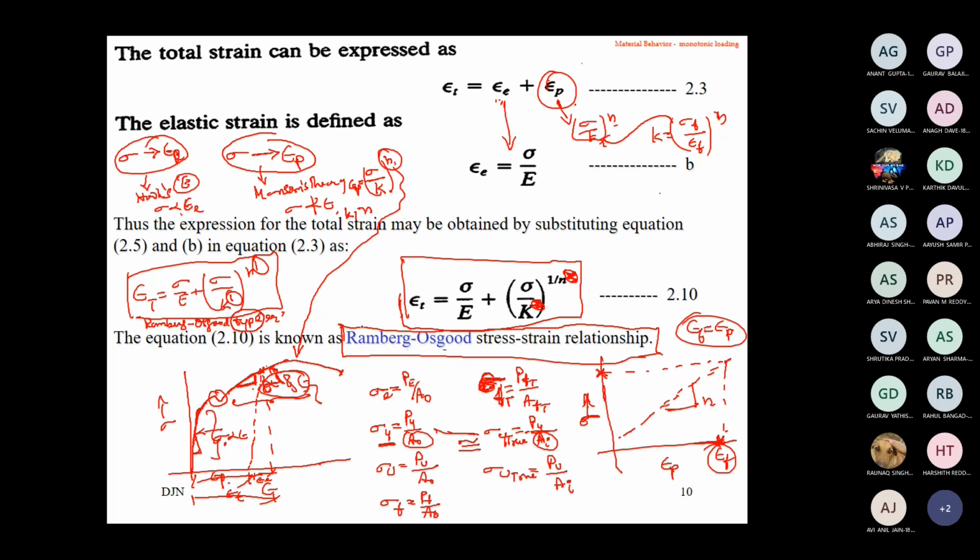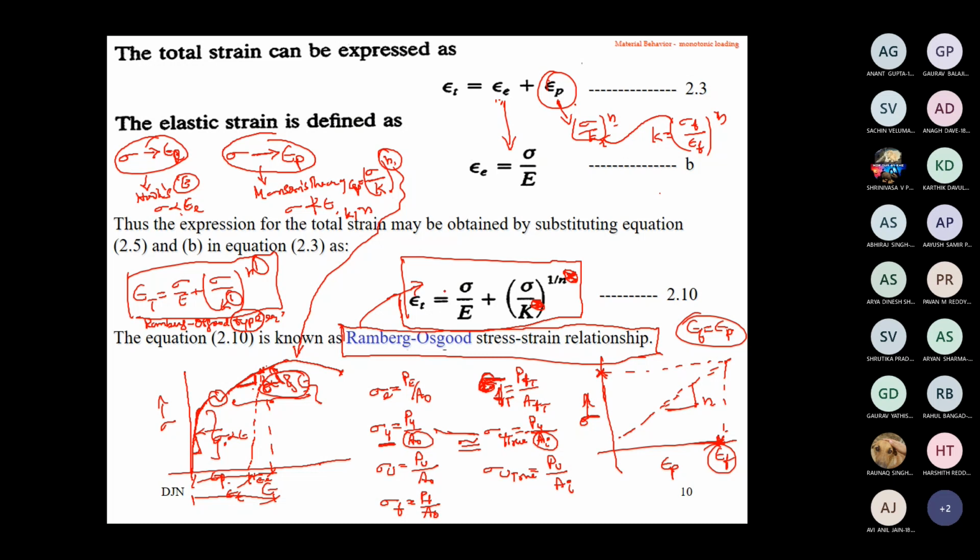Which is the Ramberg-Osgood equation? The total strain equation which is obtained for a monotonic load case is the Ramberg-Osgood equation. So don't have doubt on this. Make it very clear to yourself.